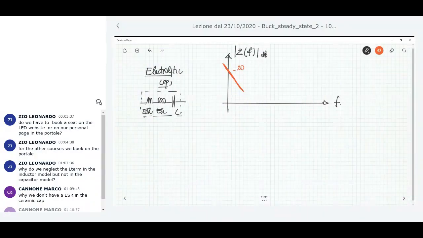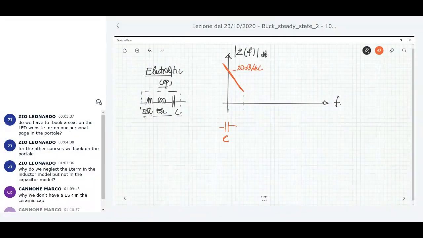There is a first part of the impedance that decreases like negative 20 dB per decade, and negative 20 dB per decade is exactly the impedance of a capacitor. So here, for this lower range of application, my electrolytic capacitor acts exactly as a capacitor. Then what happens if the frequency increases?